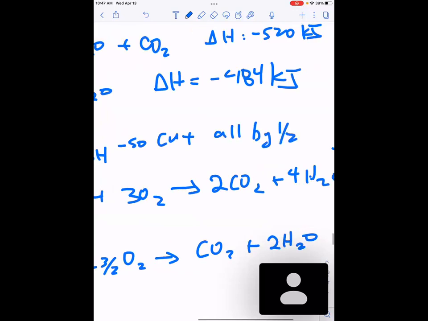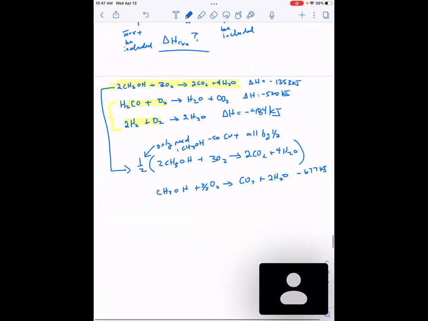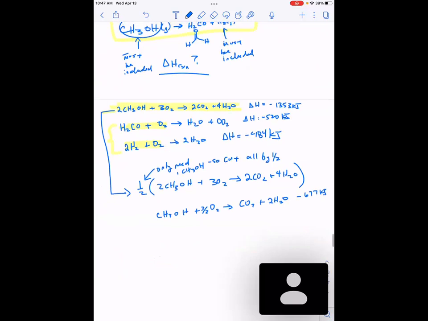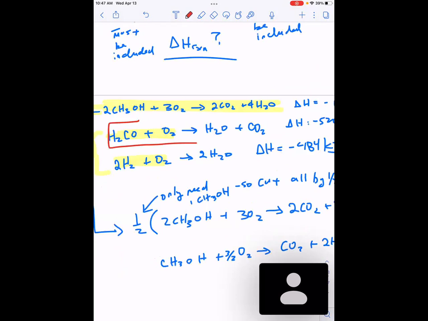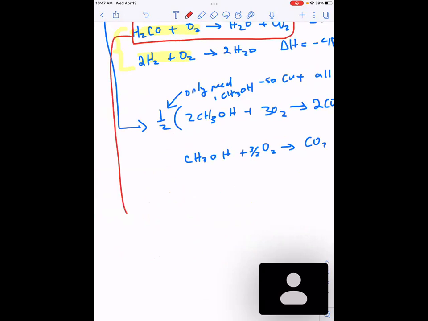So cut everything by 1/2. So that's the equation we're going to use. For the second one, we need this to be a product. So for the second equation, we need the H2 on the other side. So what we're going to do for that one is reverse it.